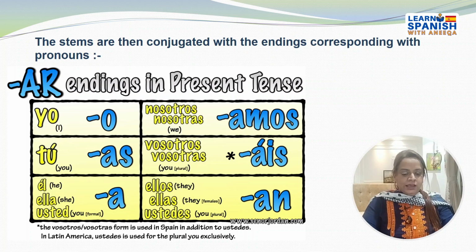See, in áis there is a tilde above the a, not in any other conjugation except for vosotras, which is very important for you to know and understand. Then ellos, ellas, ustedes, we have to conjugate with an.